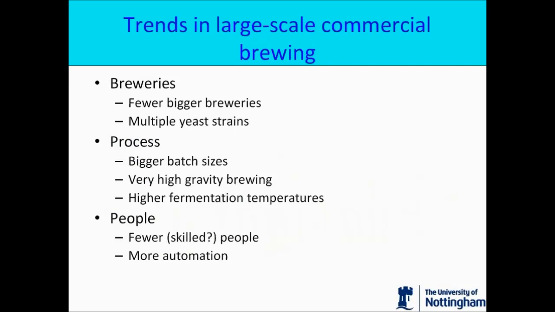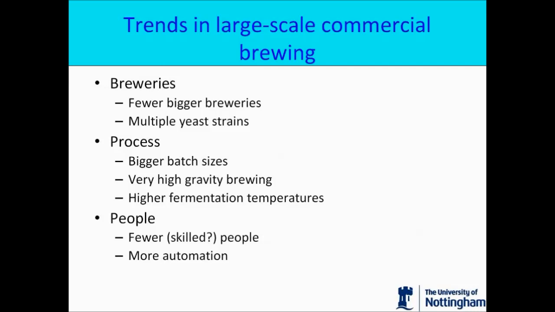If you consider what's happened since that time up to where we are at the moment, there are various trends which are indicated on this slide. Clearly, fewer and larger breweries, and typically breweries that might have to handle several different yeast strains.